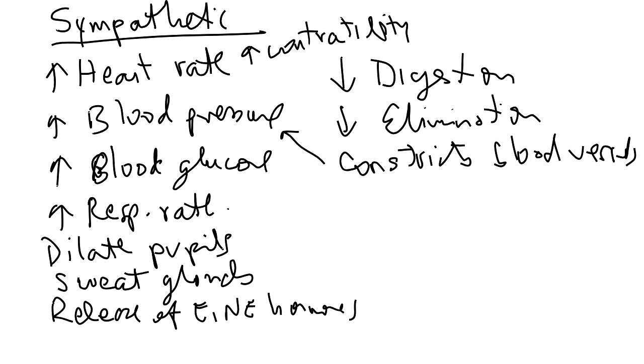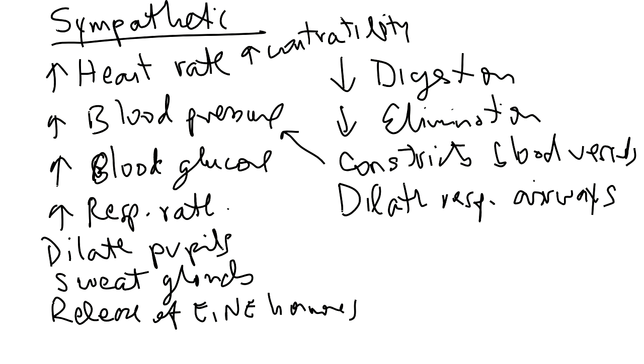It actually constricts peripheral blood vessels, but okay, we're going to leave it at that. We're going to go back to these next semester over and over again. It's also going to dilate respiratory airways. So bronchioles will be dilated.